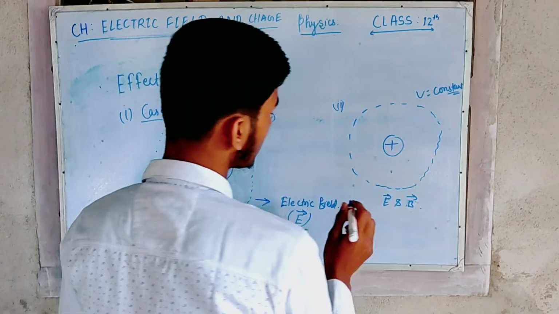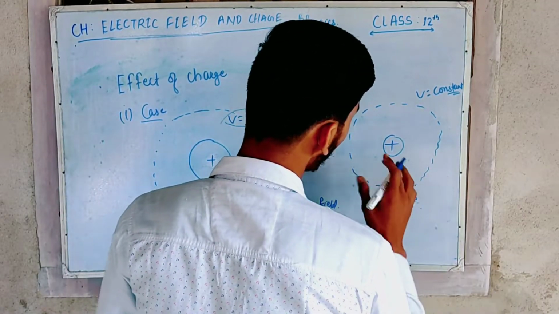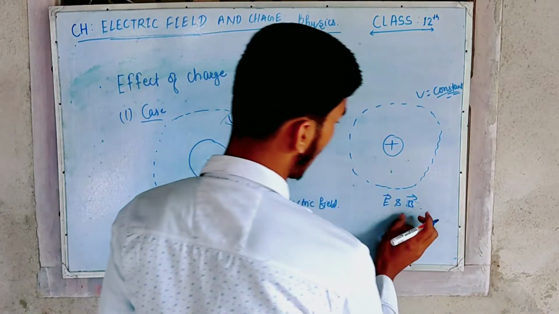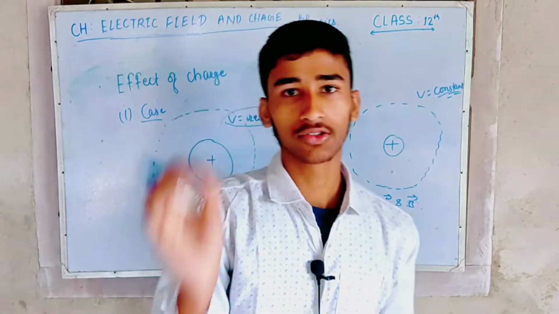So in the second case we have noticed that when it moves at constant speed, it produces an electric field and a magnetic field as well, right? And this is the third case.